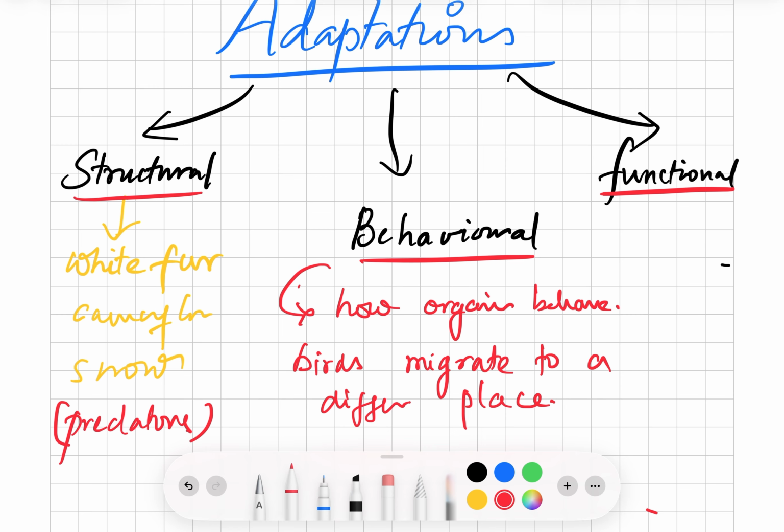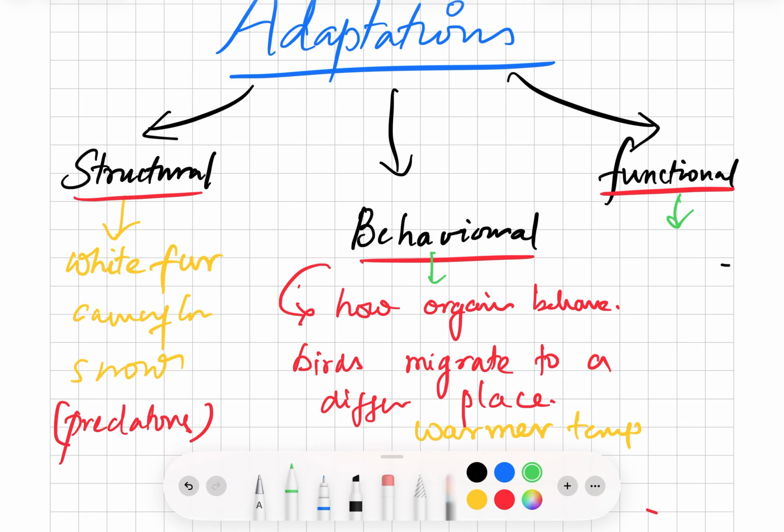So if it's too hot or too cold, they just migrate. They migrate to warmer temperatures so that they can survive. And during the winter, to avoid the problems of the conditions, they just basically migrate.